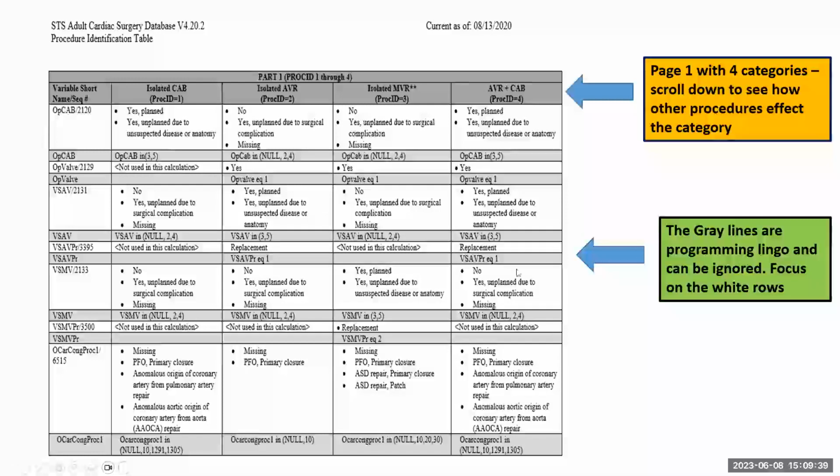Okay. These gray lines, just ignore them. That is computer lingo, and it confuses me. So I just don't even pay attention to it, because it's really computer lingo. So just focus on the white lines, okay? Focus on the white lines.